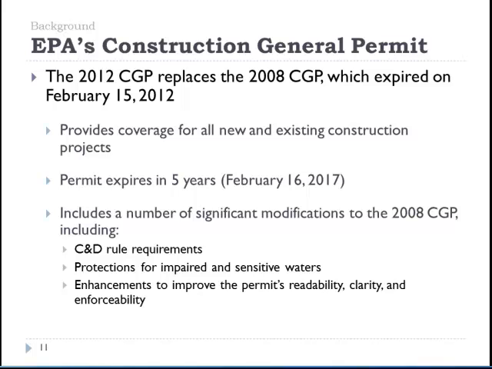There are several modifications. Most notably, in this permit as compared to the previous permit, the new C&D rule requirements have been incorporated, and we'll be getting into that in a little bit. There are also new protections for impaired and sensitive waters, as well as enhancements that we believe have made the permit more readable and clear.